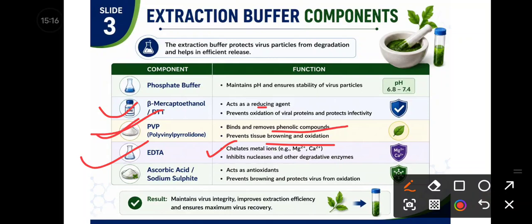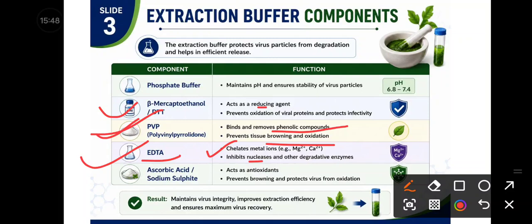So when this cofactor binds to enzymes like nucleases or other proteases, only then will that enzyme be activated, and further it will degrade that particular compound. Okay, if EDTA is used, then it will chelate the metal ion. It forms aggregation of metal ions, and that metal ion will now not be available for the nucleases or other enzymes.